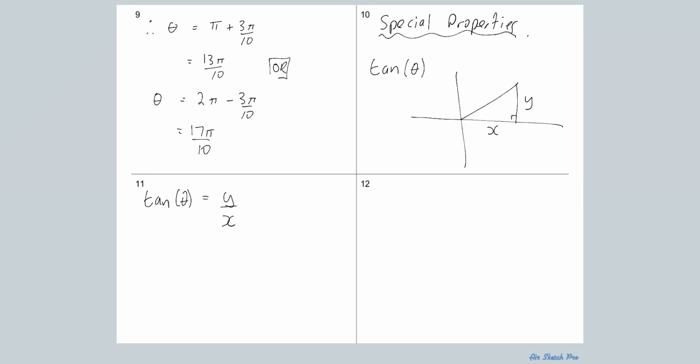Is that okay? Rise over run. But the rise is just sine theta, opposite over hypotenuse. The run is just cosine theta. And so we have this special relationship, which is that tan equals sine on cos.